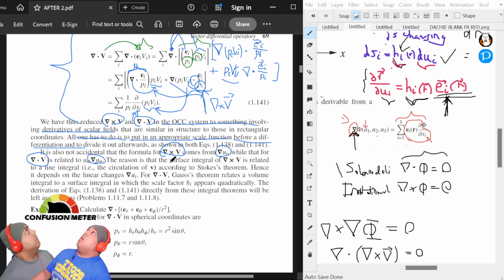The reason is that the surface integral of the curl of V is related to a line integral, the circulation of V, according to Stokes' theorem. Hence, it depends on the linear changes.